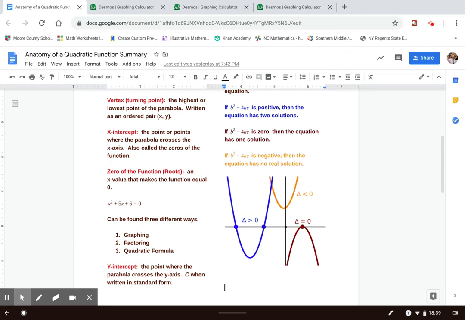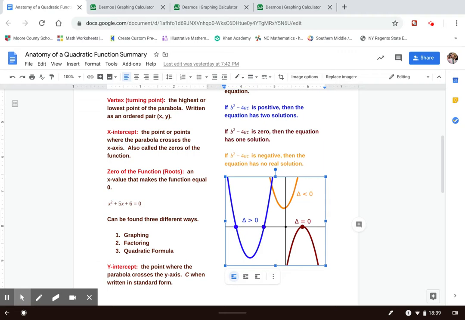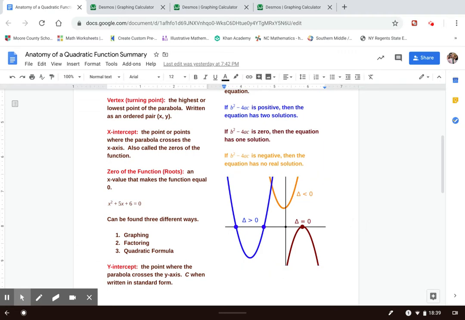So if you look down below at the graph, the blue writing matches the blue graph. What you see is where this graph crosses my x-axis, it touches twice. So that's what I mean by it has two solutions. It's going to touch my x-axis in two different places.